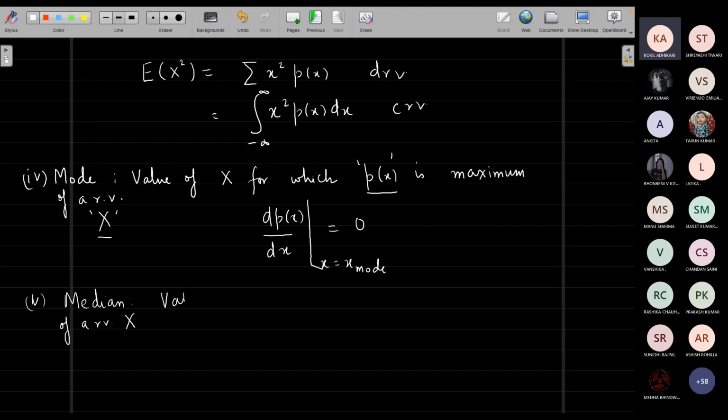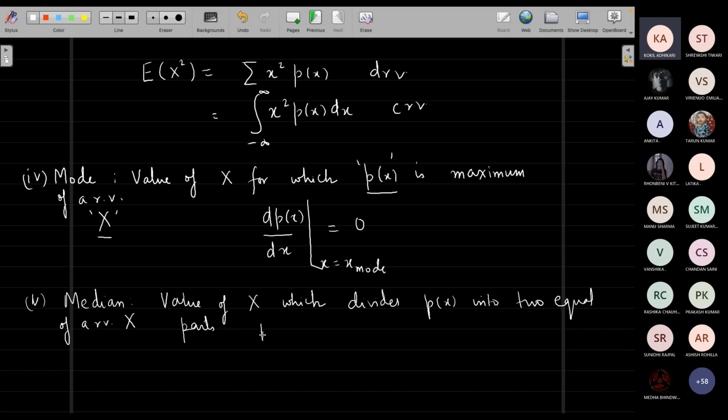So this median is the value of x which divides P(x) into two equal parts. So you should have half the values of P(x) before this and half the values after that.